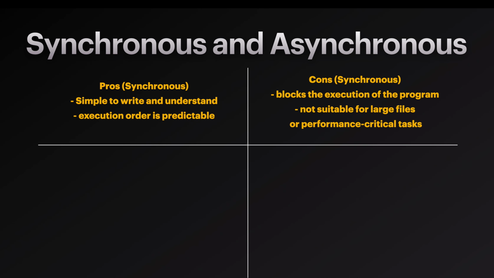But about the cons of synchronous methods, it's blocking the execution of the program. So you have to wait, for example, 1 minute till something is loaded inside your file, and it's not suitable for large files or performance critical tasks, as you can see.